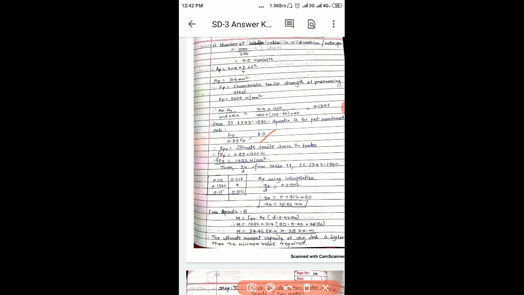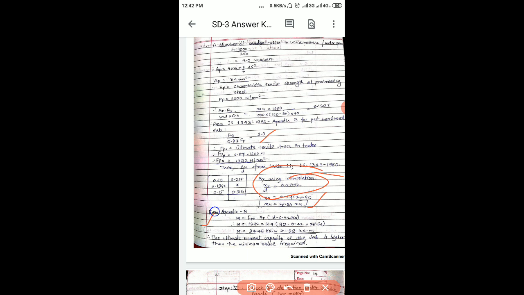Then from the IS code we can calculate the value of xu from the interpolation. We have done a separate numerical on this part, limit state of collapse. So just go for it, and by interpolation we have calculated the value of xu.